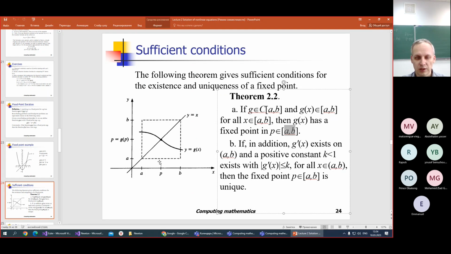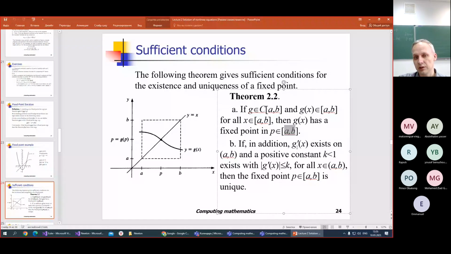So it means that the graph of the function lies somewhere here inside this square between a and b and a and b. It means that here, in this case, there must be a fixed point.